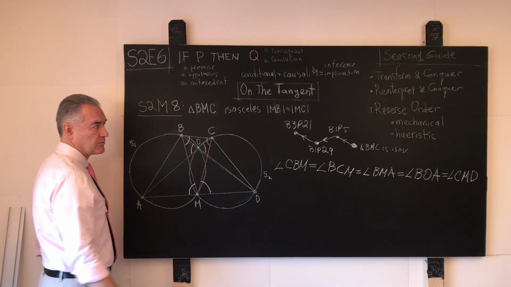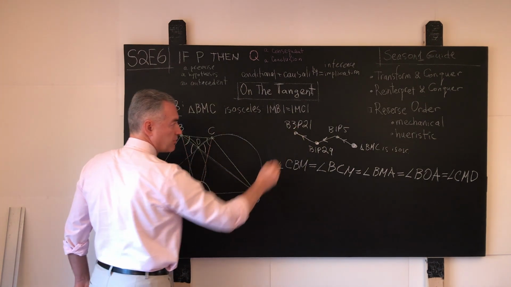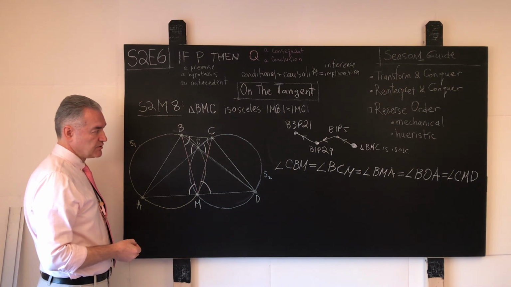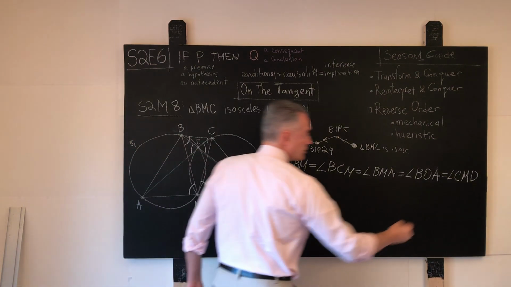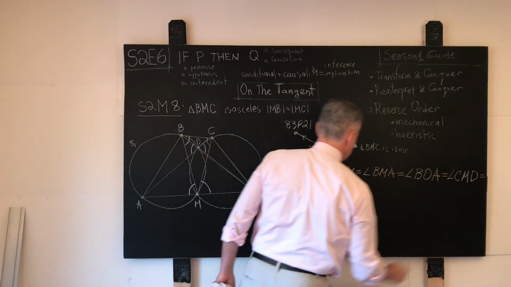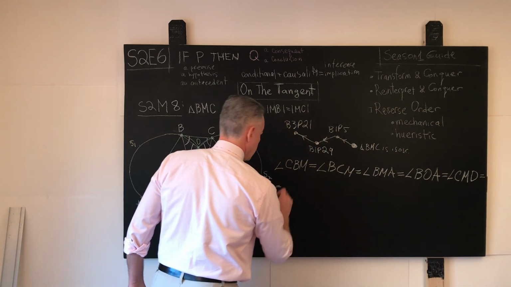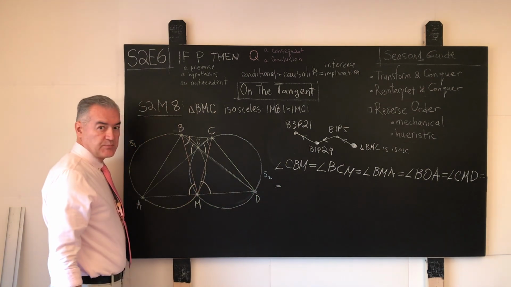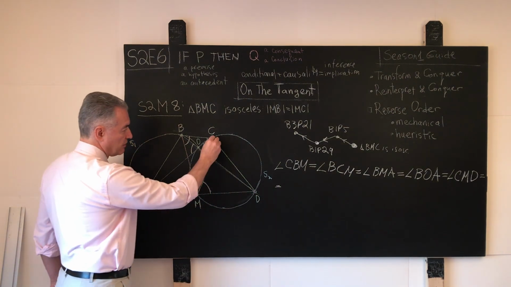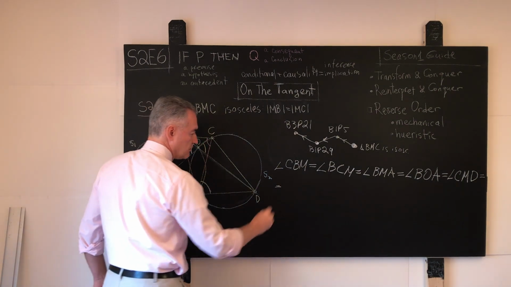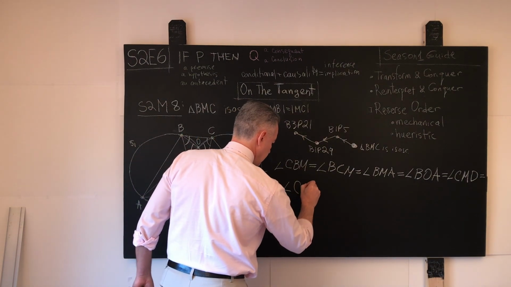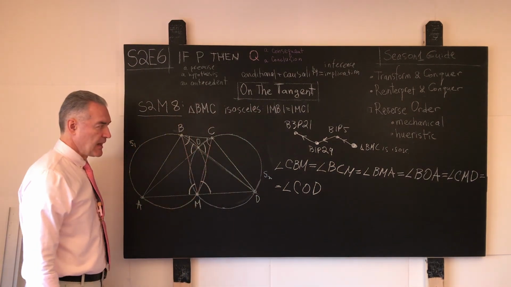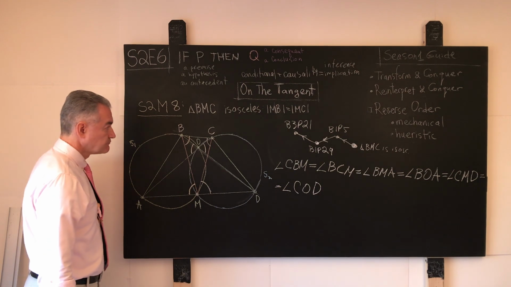And again, by the same Book 3, Proposition 21, the magnitudes of these angles must be equal to one another. So here we write down the fact that that angle CMD by magnitude must be equal to the magnitude of the angle COD. Excellent.